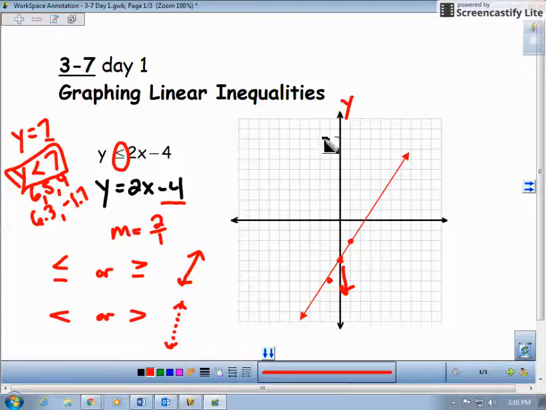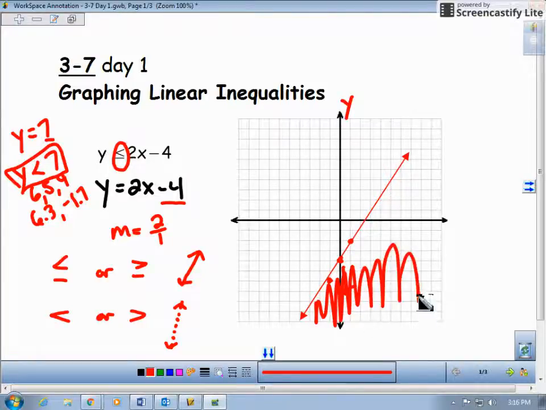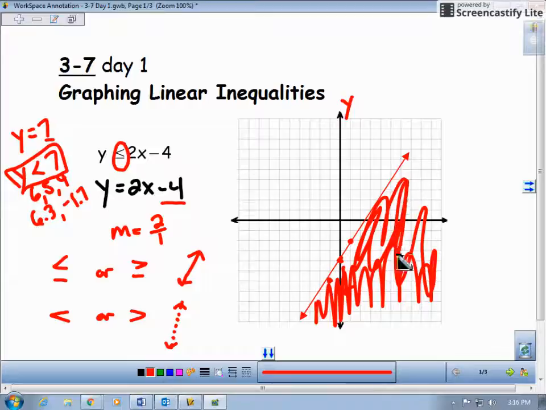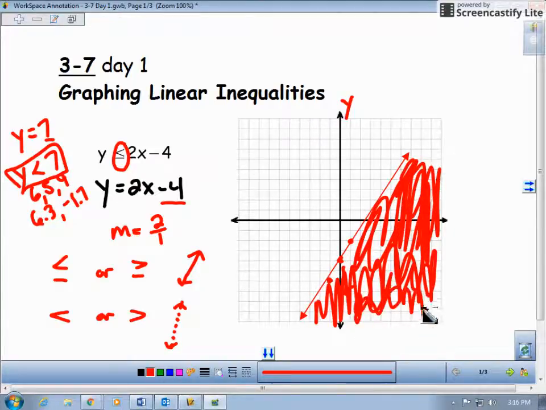Okay, y is the vertical axis, so less than would be underneath the line. And then all you'd have to do is just go ahead and shade in your graph underneath your line. And then this would be your solution. This represents that every point that's in this shaded area would make this true.